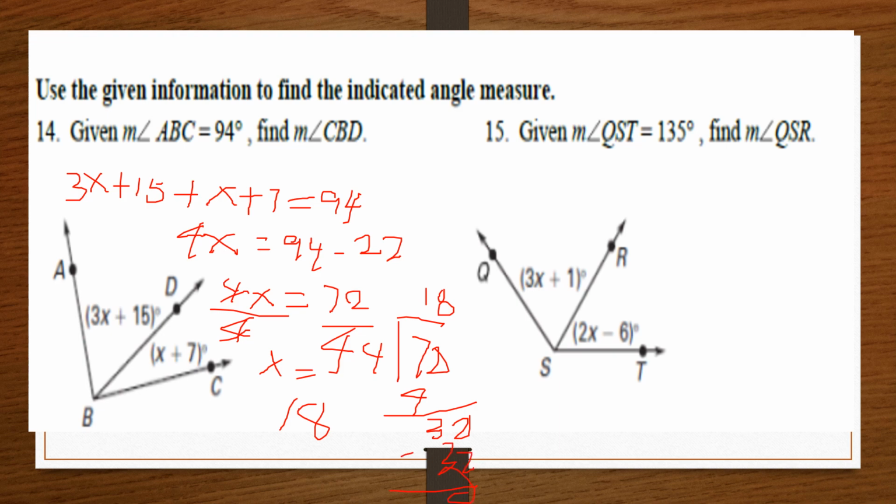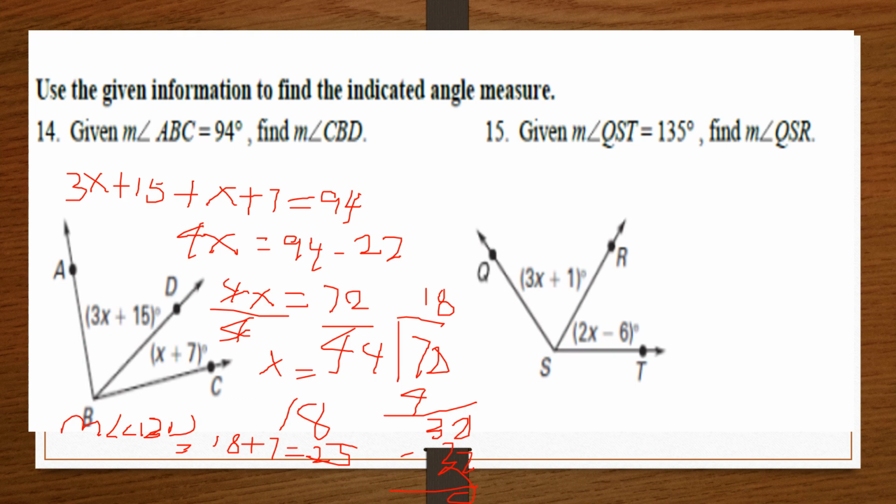If your x is 18, therefore the measure of angle CBD is equal to 18 plus 7, which is 25. That's 25 degrees.